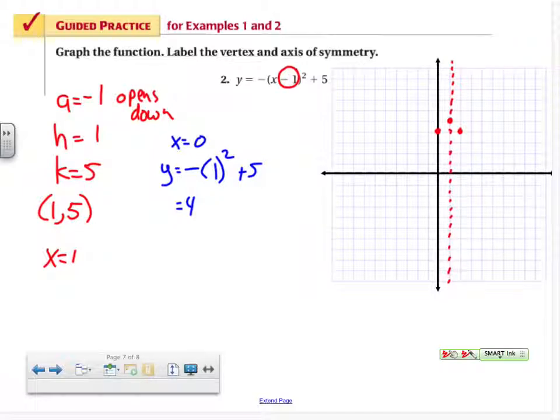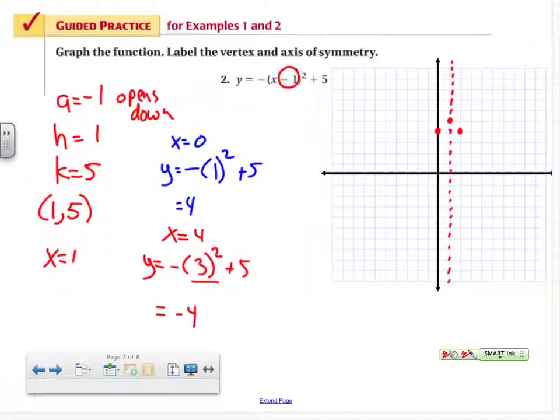All right, let's do another one. Let's do 4. If x is 4, well, if x is 4, we got 4 minus 1 inside parentheses. 4 minus 1 is 3 squared plus 5. 3 squared is 9, so we got negative 9 plus 5 is negative 4.